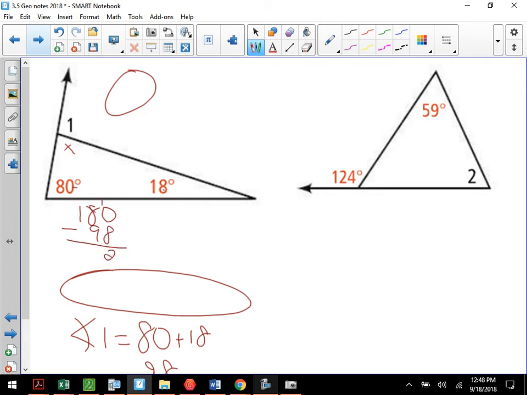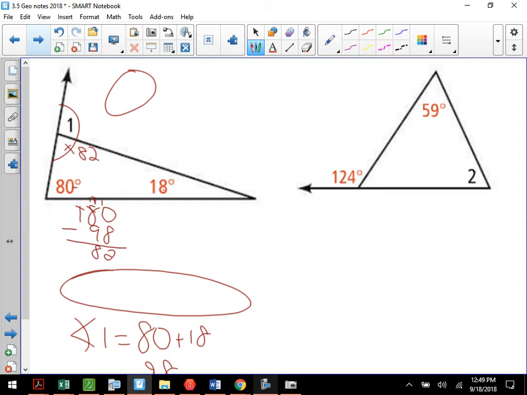Back that out, you get 82. And then again, those two have to add up to equal a line, and the supplement to 82 is that 98. There are many ways of going about doing these problems, but if you remember, the outside angle equals the sum of the two it doesn't touch.